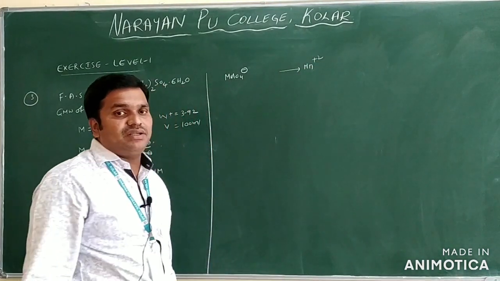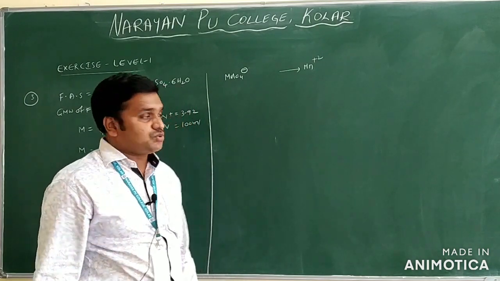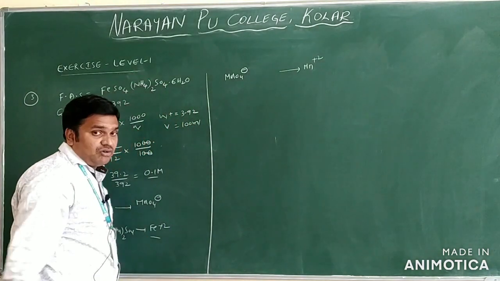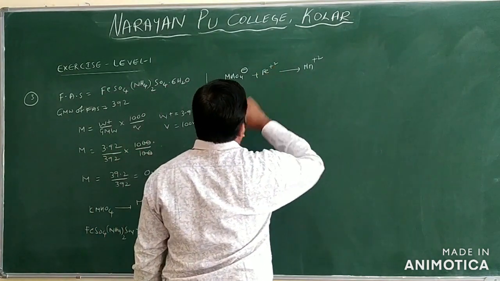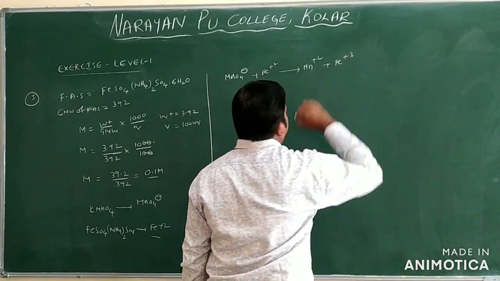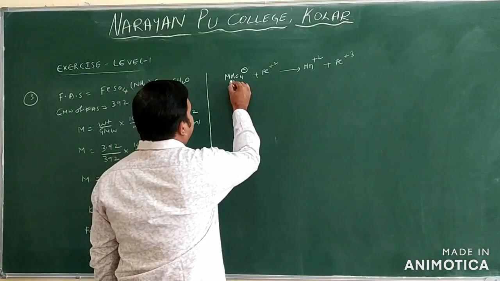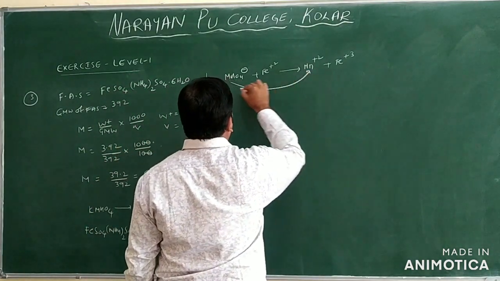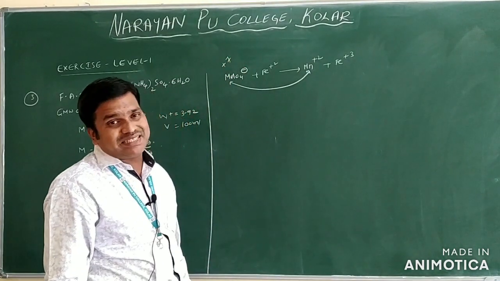We already discussed this in the equivalent weight concept. MnO4 minus converts into Mn plus 2. Here, ferrous ions, Fe plus 2, are oxidized to Fe plus 3 ions only. The oxidation number of Mn in MnO4 minus is plus 7, and in Mn plus 2 it is plus 2.